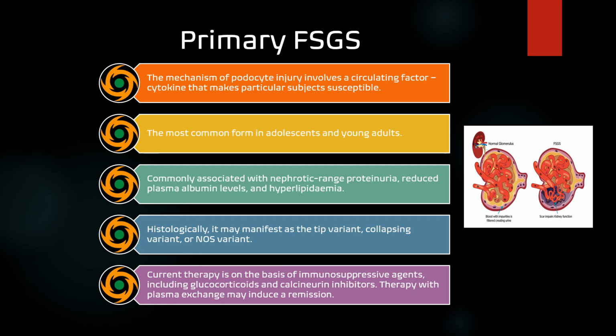Histologically, FSGS may manifest as what's referred to as a tip variant, collapsing variant, or a NOS variant as well.